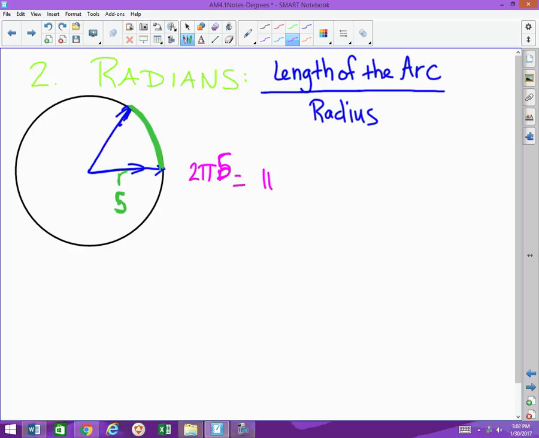So that is 10 pi. And then we would have to know what this degree is in order for us to figure out the length of this arc.